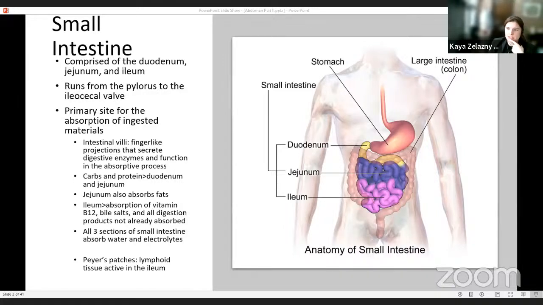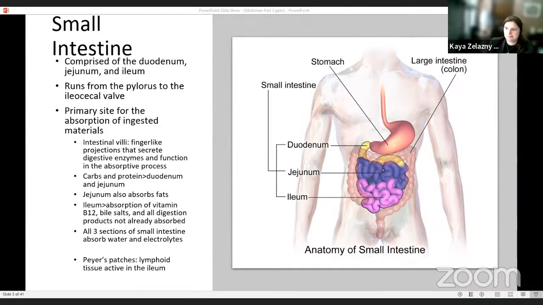Then as we move down into the ileum, this is where we're going to be absorbing things like vitamin B12, bile salts, which we partially used to absorb the fats in the jejunum, and any other digestion products that we haven't absorbed. So we should have digested pretty much everything we need by the time we get to the end of the small intestine. All three sections are also going to be absorbing water and electrolytes.